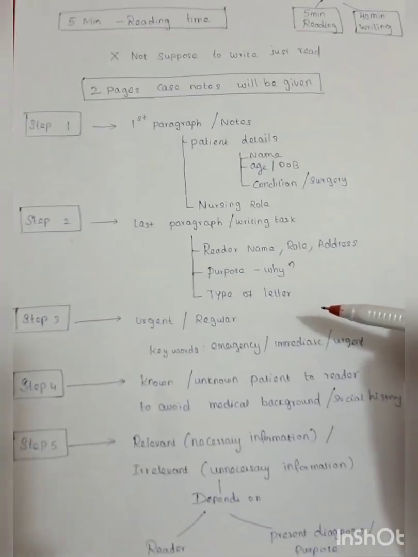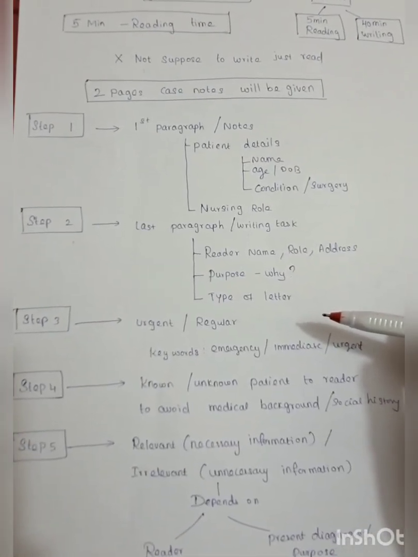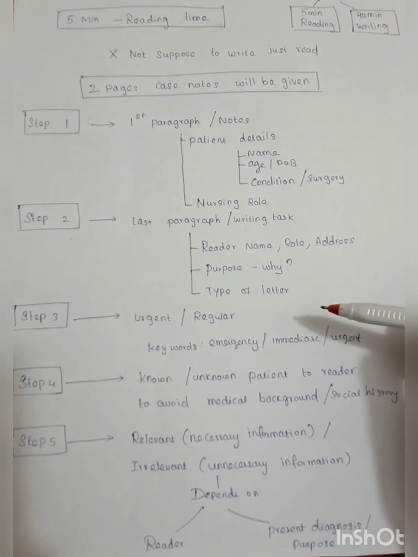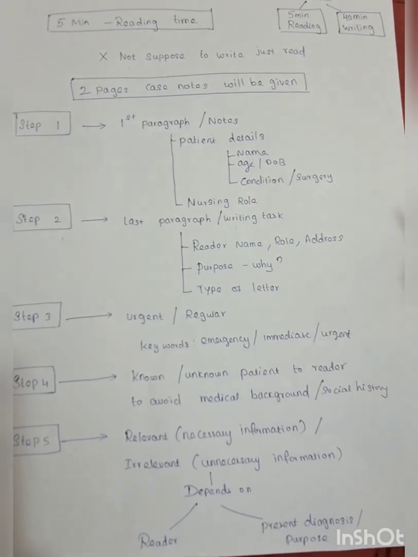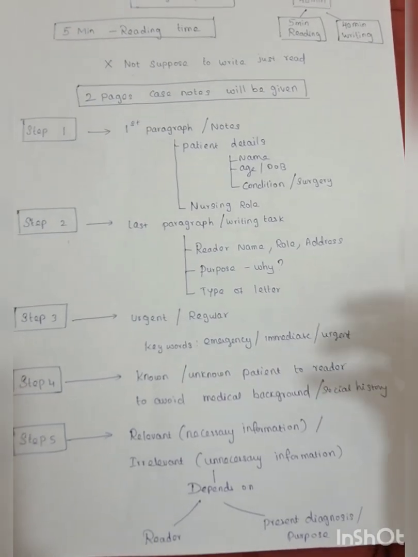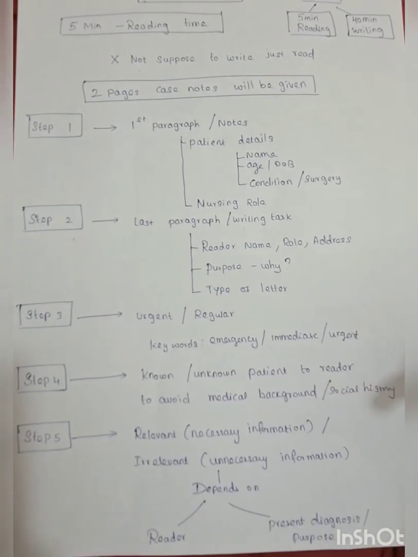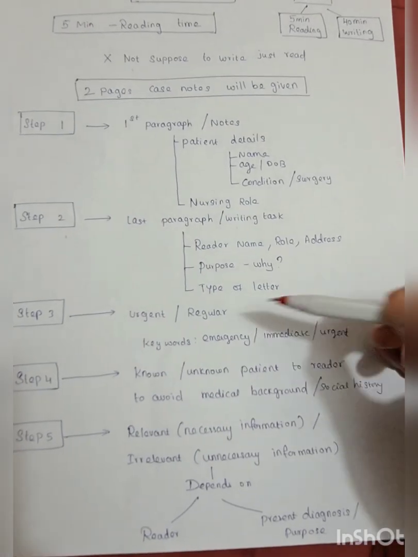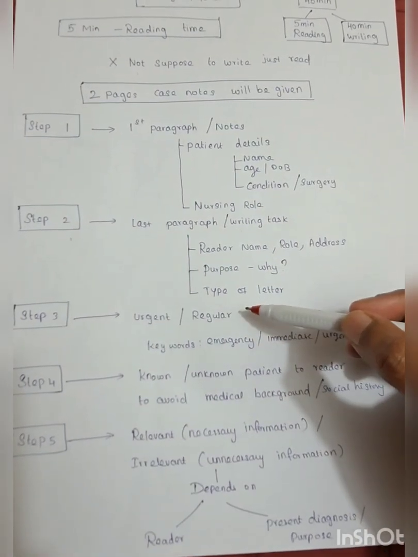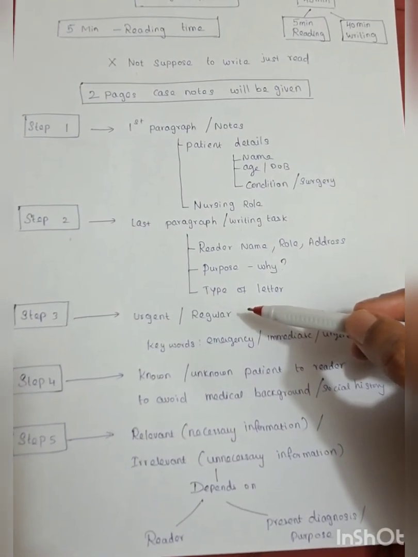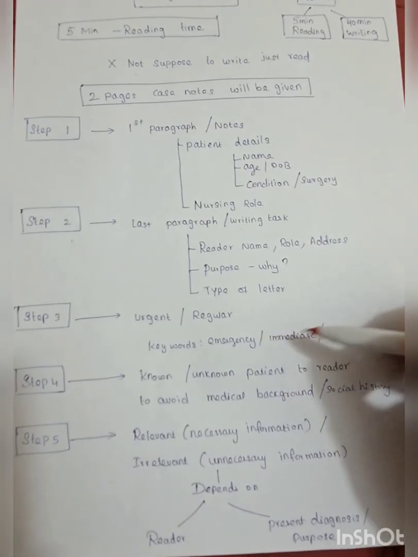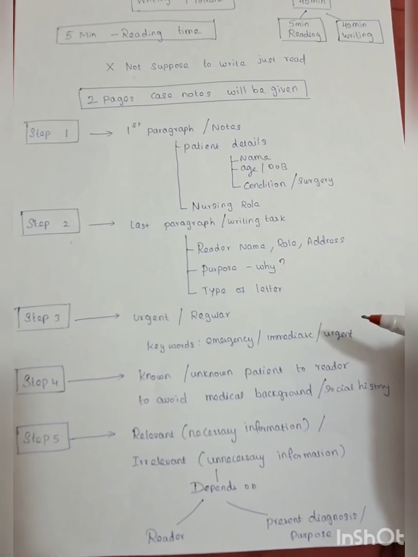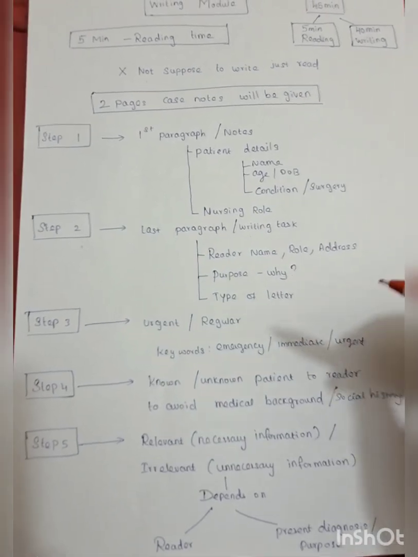And step 3 addresses your style of writing: how you are going to provide the content between your introduction and closing sentence, what kind of approach you are going to take. So whether it is an urgent letter or a regular letter. Usually there won't be a statement like emergency referral or immediate transfer or urgent discharge, something like this.